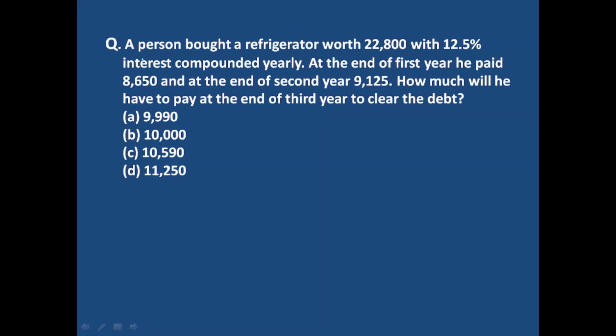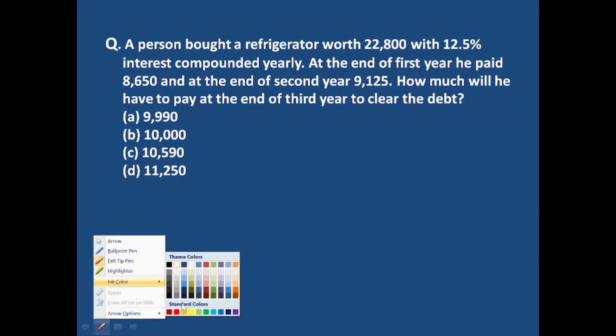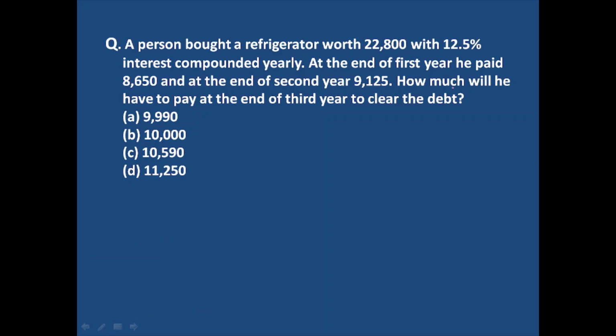Now the next question. A person bought a refrigerator worth 22,800 with 12.5% interest compounded yearly.